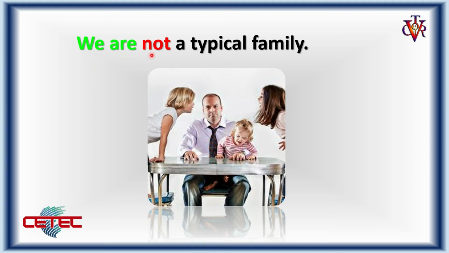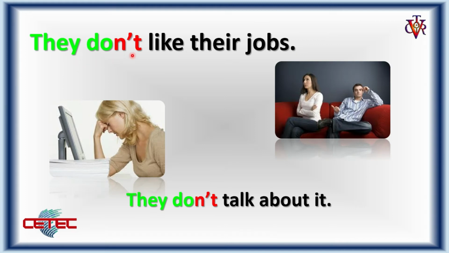We are not a typical family. Here, this is the subject, the verb to be in a negative option, and the complement. It's completely different when you use this form from this form.